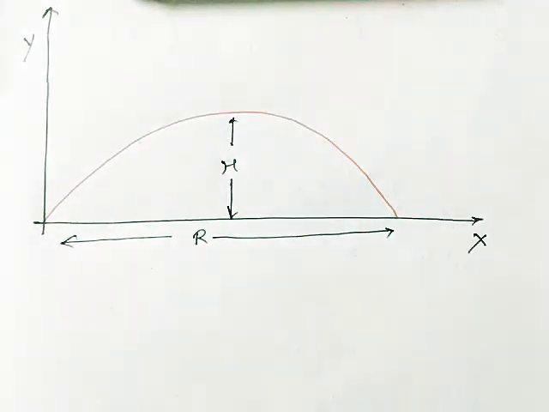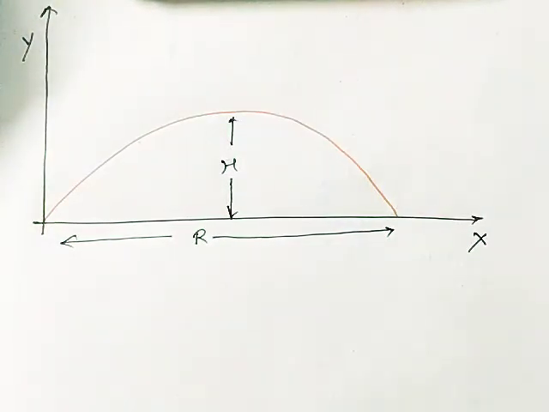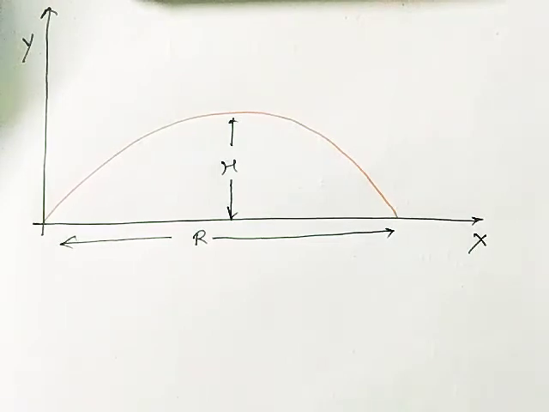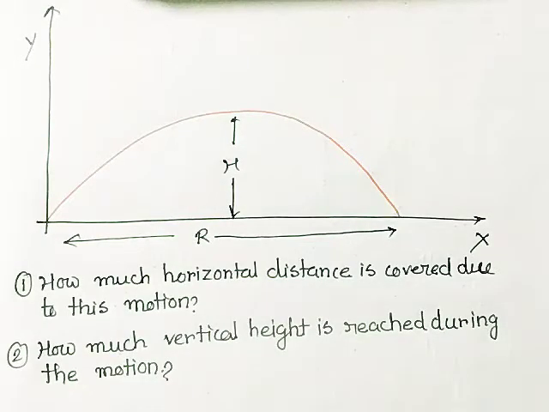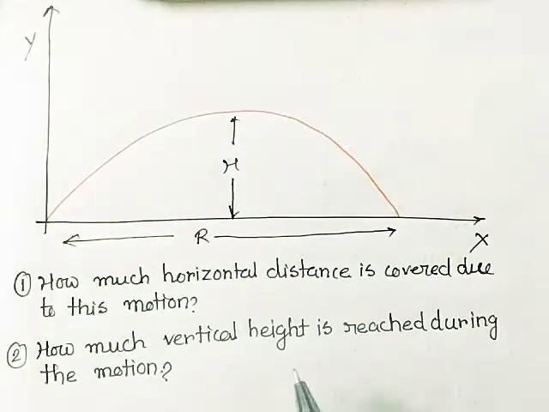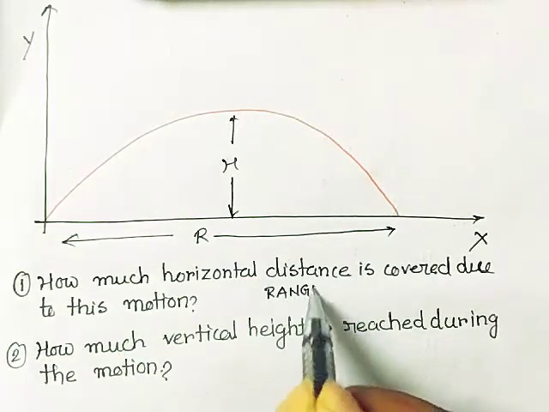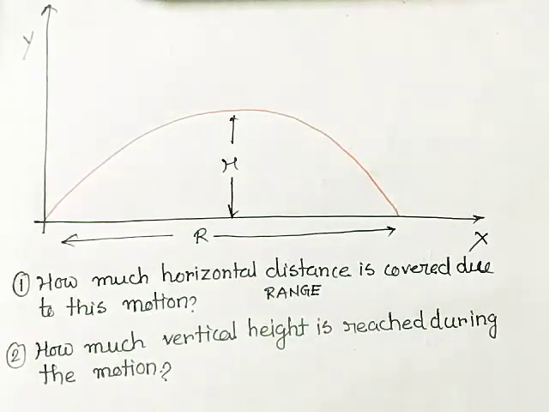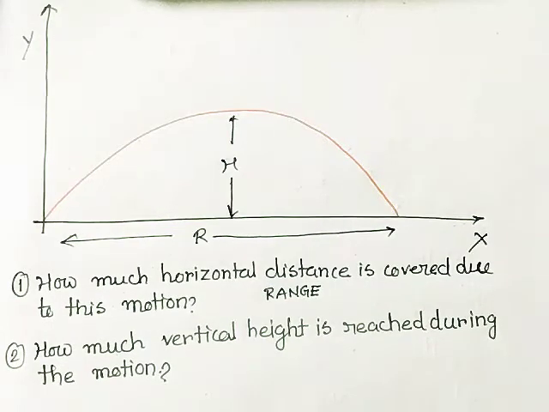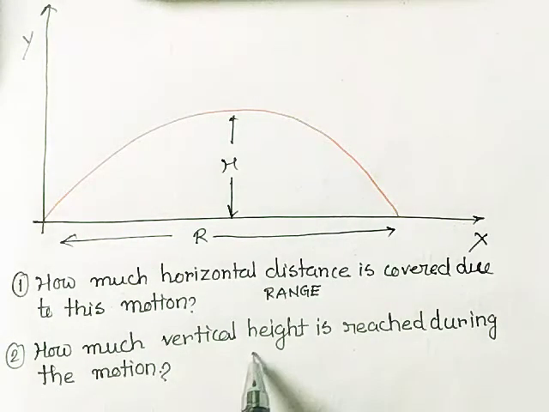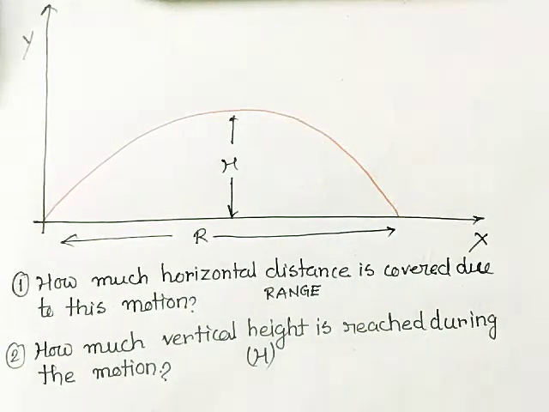So these are two fundamental questions: how much horizontal distance is covered during this motion, that is capital R, which is called the range, and how much vertical height it covered during the motion, that is basically the capital H.